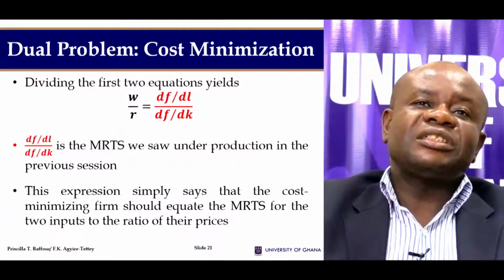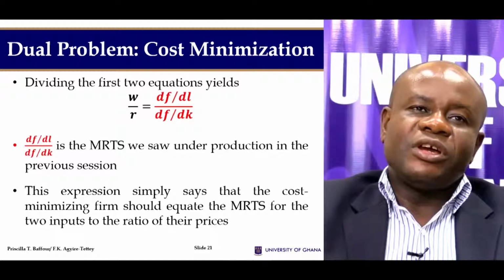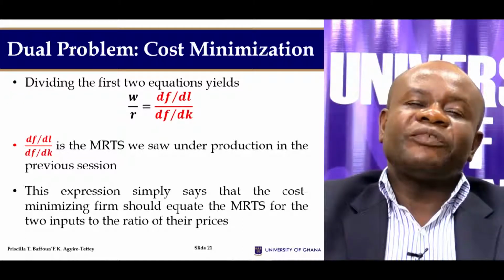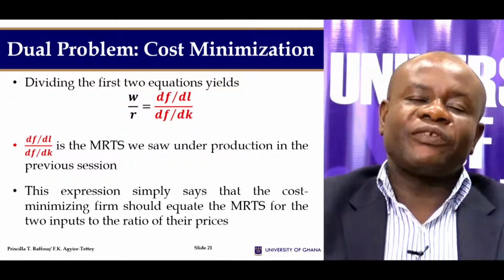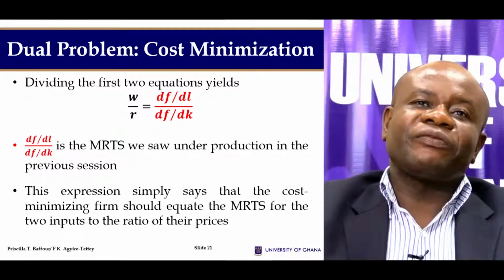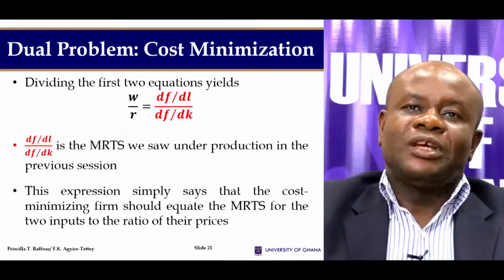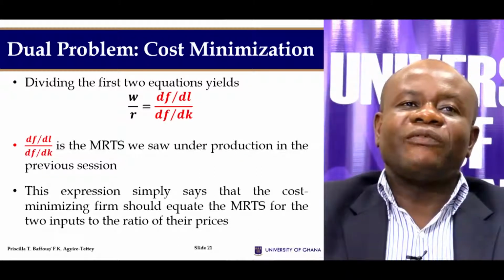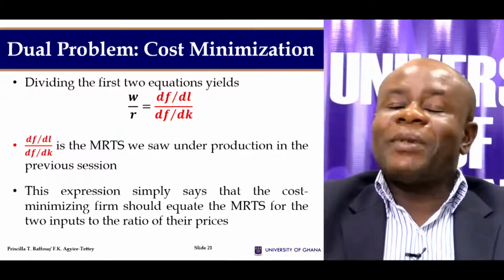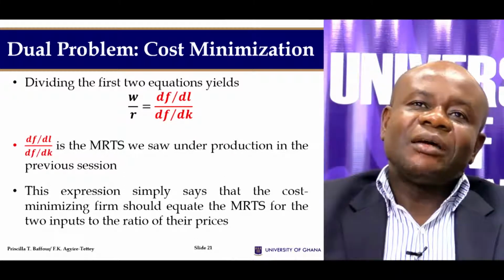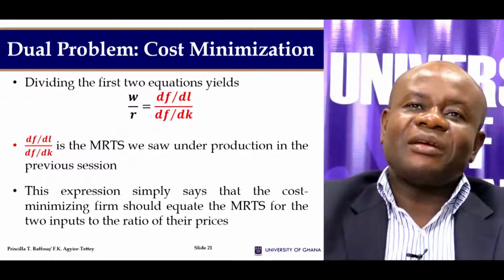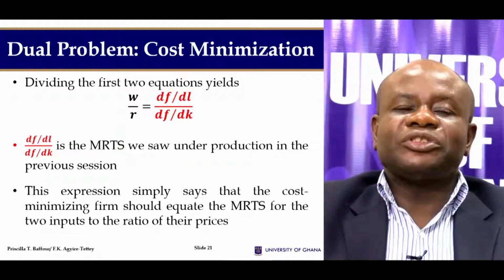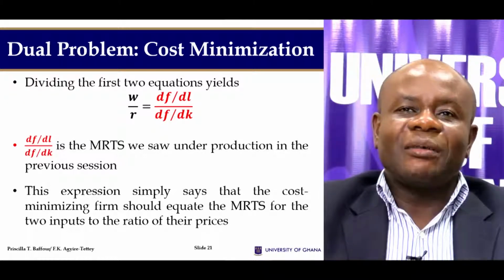When we solve these three equations simultaneously, we're going to have W divided by R, that is the price of labor divided by the price of capital, equals the marginal product of labor divided by the marginal product of capital. And remember, from the production function, the marginal product of labor divided by the marginal product of capital is the marginal rate of substitution.